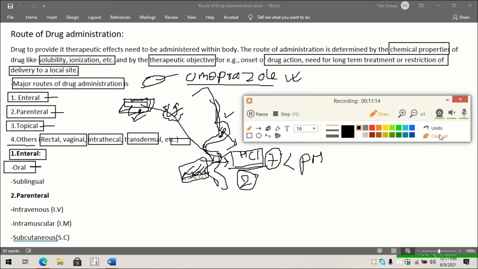Now let's discuss extended release preparations.